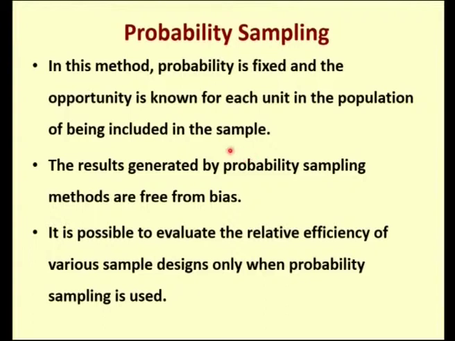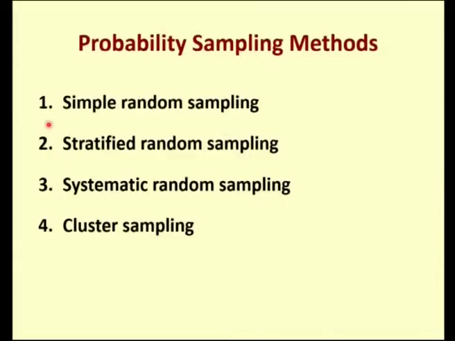So, we can say for sure that the results generated by probability sampling methods are free from bias. And it is also possible to evaluate the relative efficiency, that is, we can always compare the methods under probability sampling in order to get the efficiency, because we have considered a probability for each unit in the population to be included in the sample.